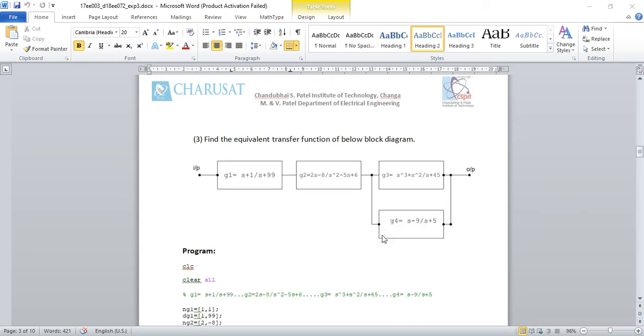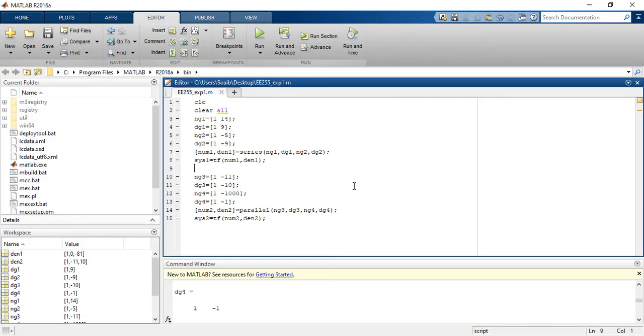And again whatever answers come, these two should be in series. So for that, I will have num1 den1, that is the answer of series connection, and num2 den2, the answer of parallel connection.